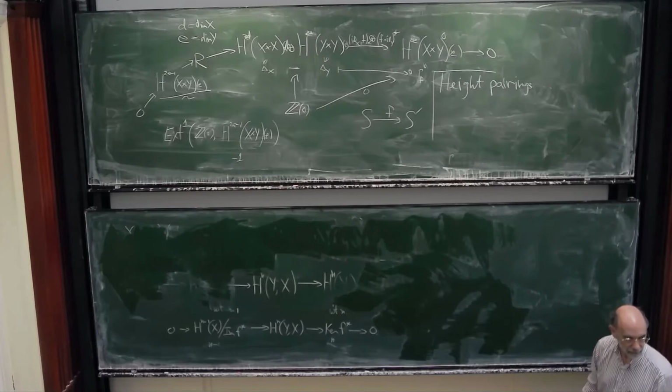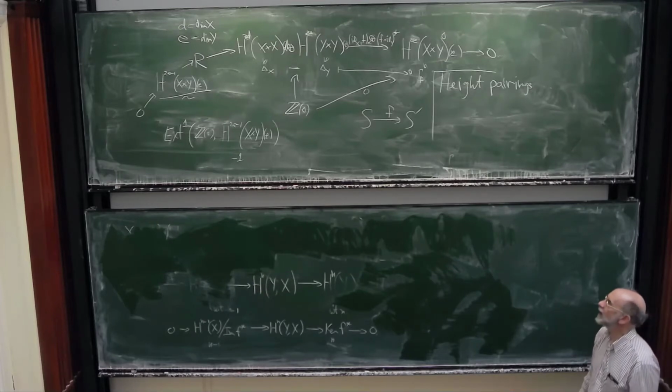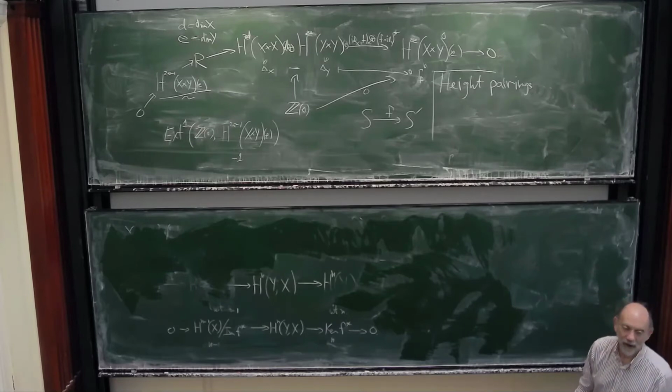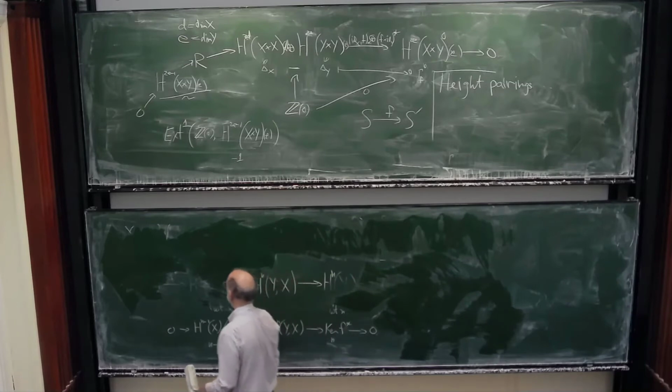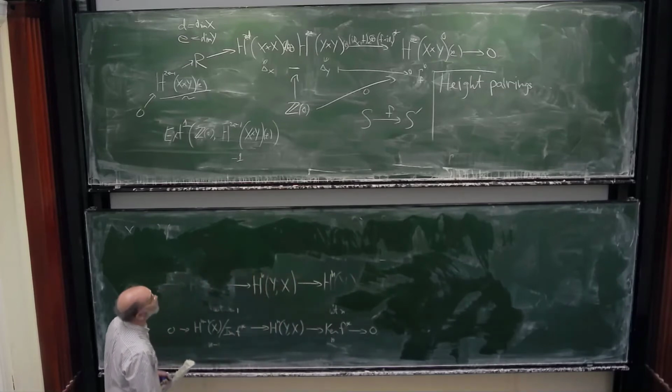But in the literature it's proved that if you have a smooth map, then this map actually splits. Oh, if the map is smooth, then that's a whole different kettle of fish. But I don't want to assume the map is smooth. I want to assume that X and Y are smooth.